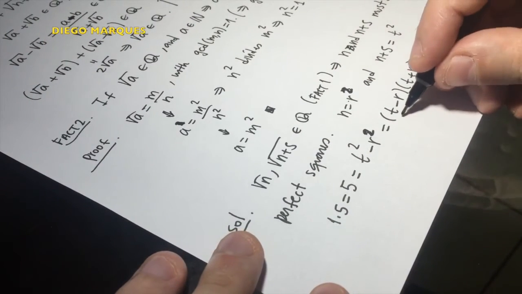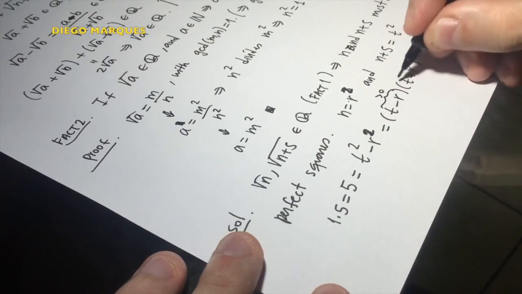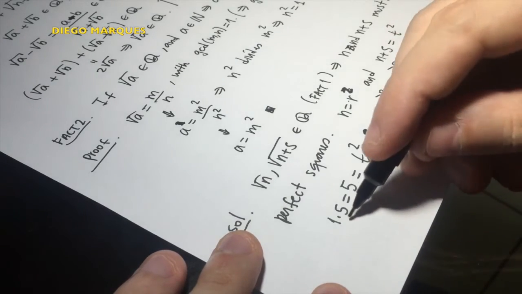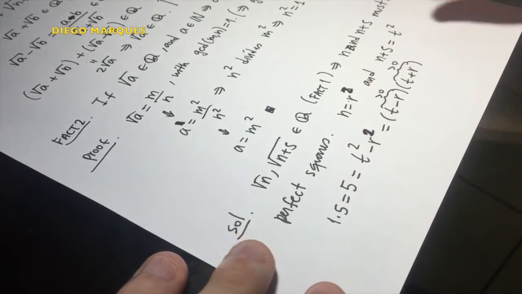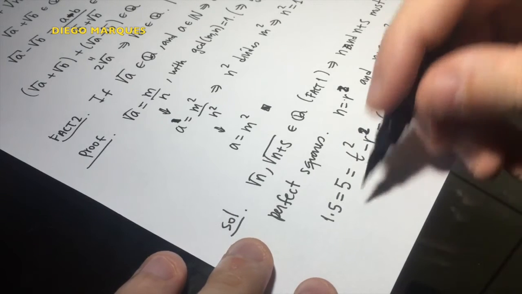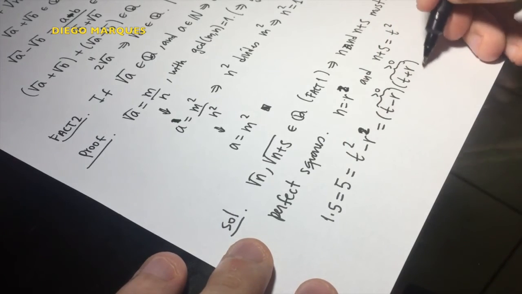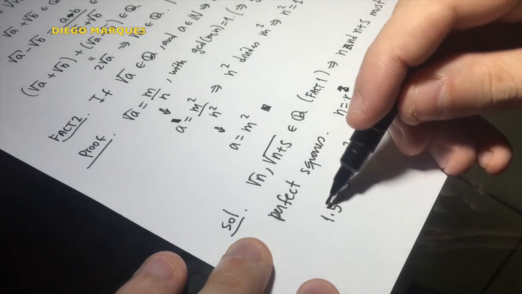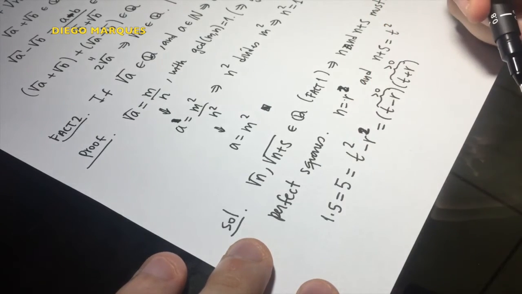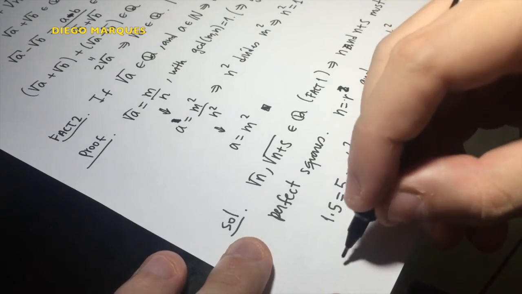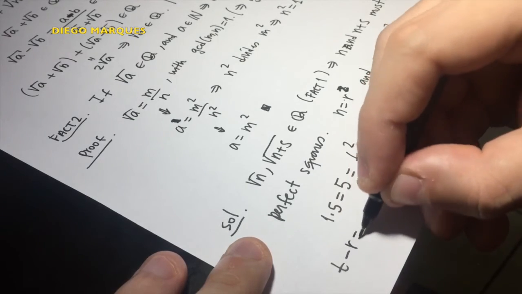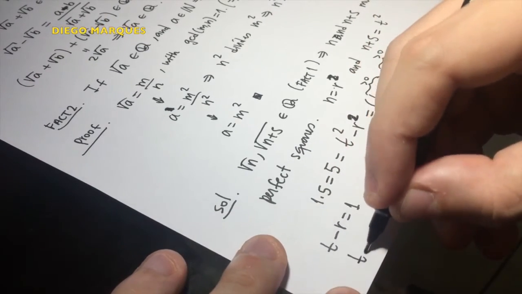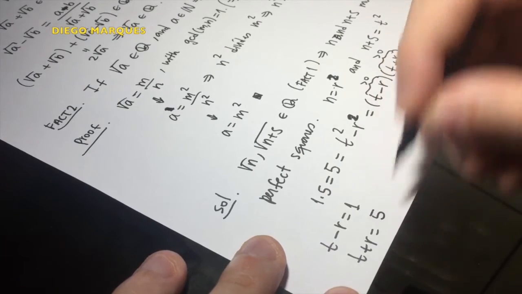So since we have two positive numbers here, and we have this factorization on the left side, the smaller factor must be equal to the smaller one on the other side, and the bigger must be equal to the bigger. So t minus r must be equal to 1, and t plus r must be equal to 5.